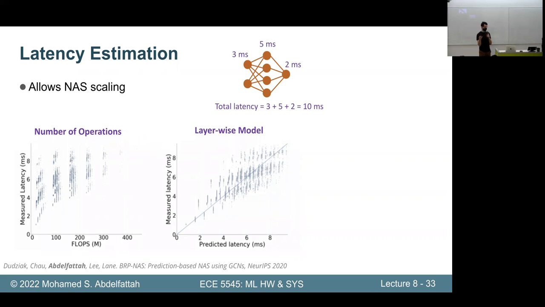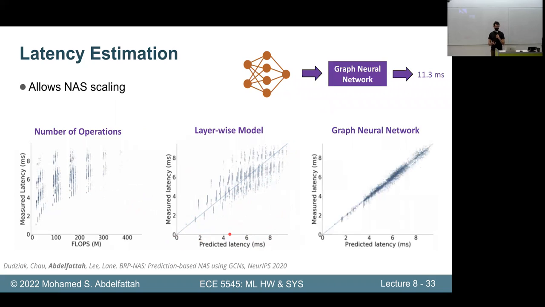And then I just add those up. And so we tried this as well. In this case, the predicted latency from this layer-wise model, from just adding the latency of all of the layers, was better than flops as a proxy for latency, but it wasn't perfect. What we actually want to shoot for is this perfect, y equal x line, where the measured latency would be exactly like the predicted latency.